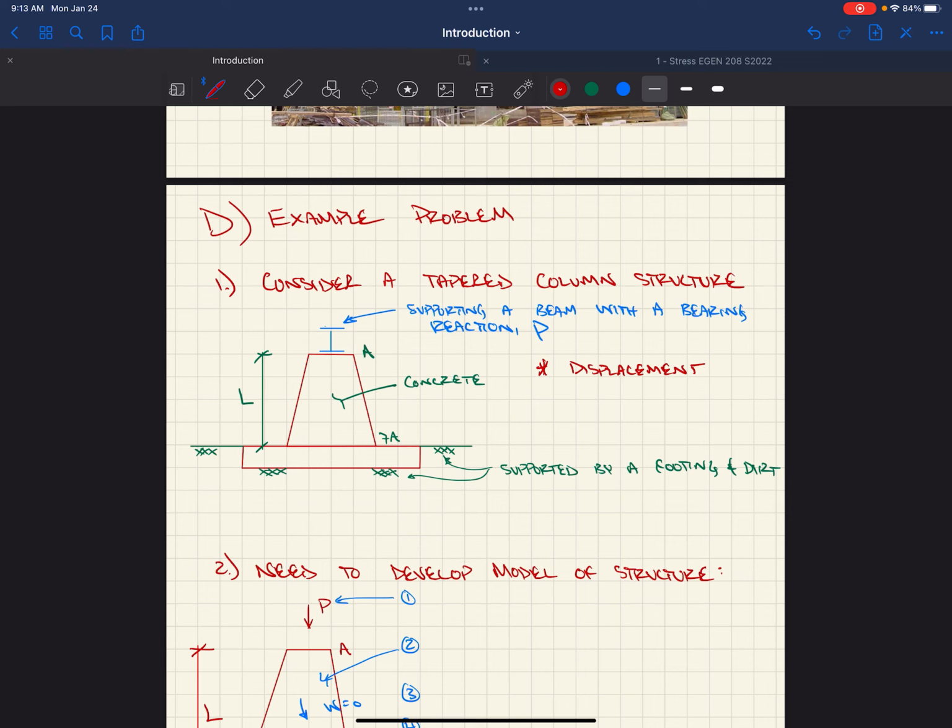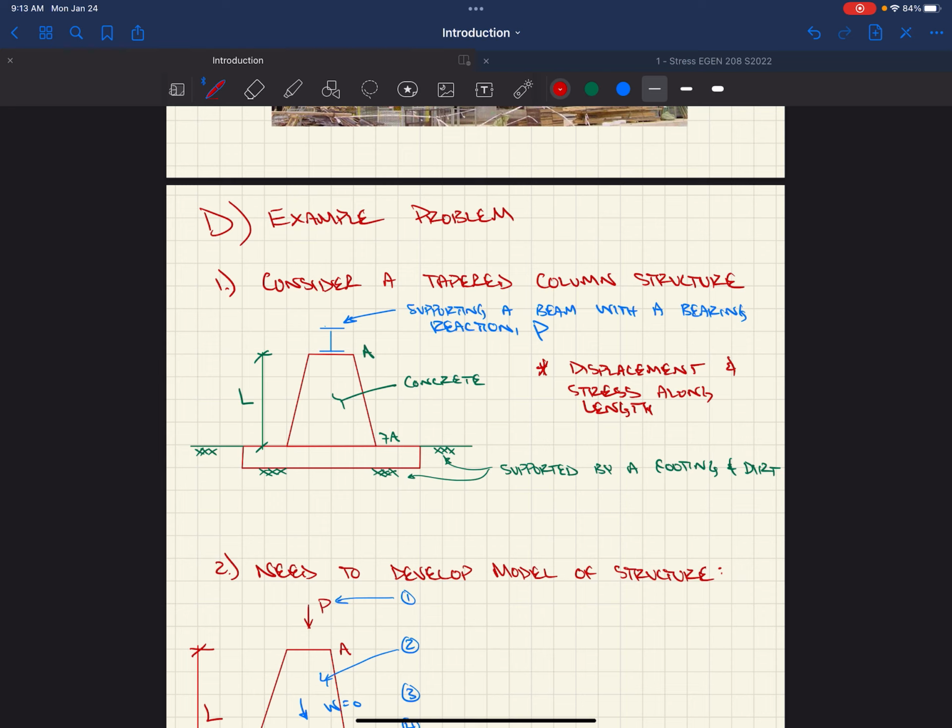Also, as structural engineers, we always are interested in stress also. So we were looking at this tapered column, and we wanted to know the displacement of this column and the stress in this column, based on this applied load and the support conditions that we have.